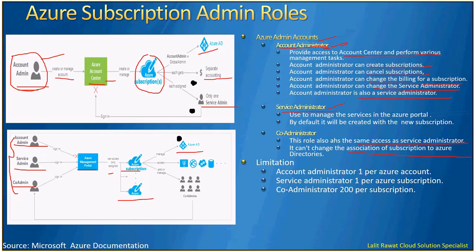Then you can connect to Azure AD, and it will provide you access to your web applications and all. And again, if you want to add and manage co-administrators, you can add up to 200 co-administrators, and then it connects to your services, which you can just go ahead and sign up for.